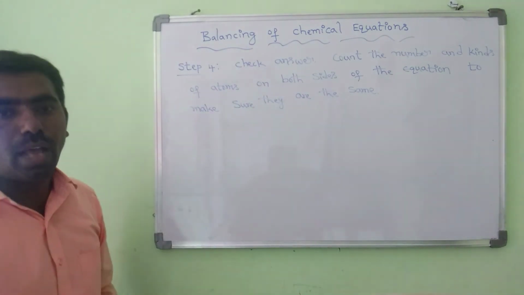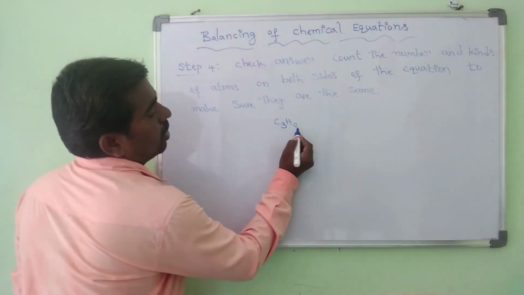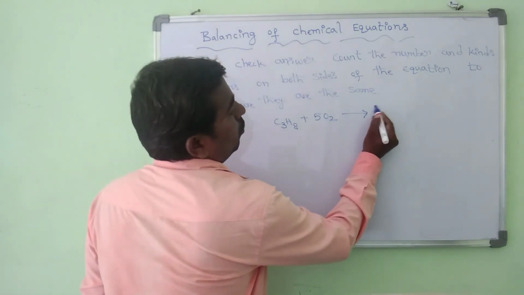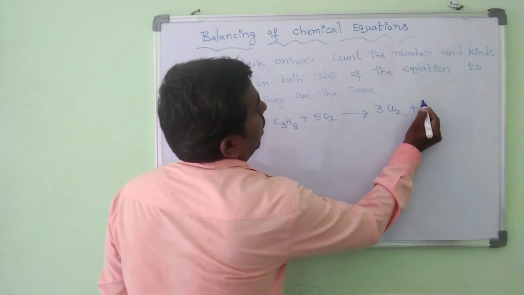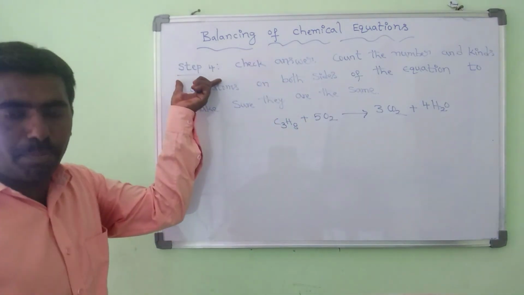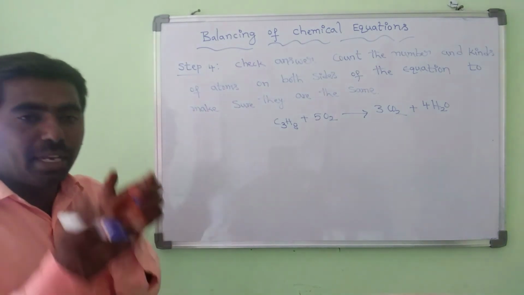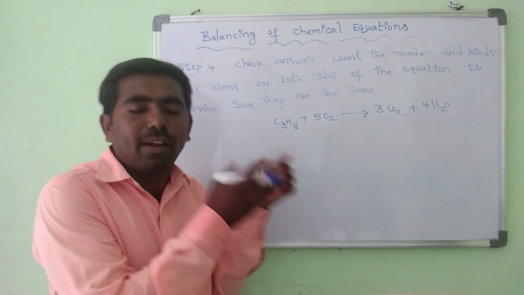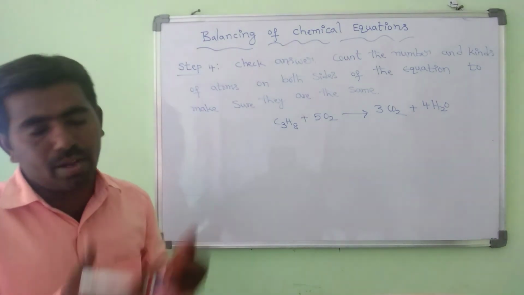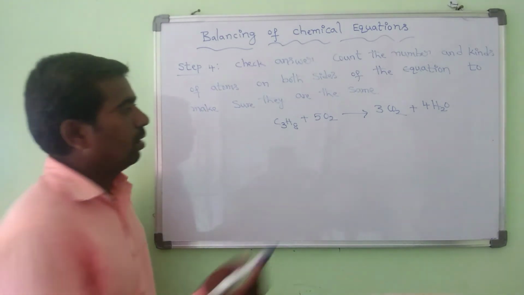For example, I am writing the final balanced equation as C3H8 plus 5O2 gives 3CO2 plus 4H2O. According to this step, we have to check the answer. That means how many atoms are there on the left side and how many atoms are there on the right side, whether they are balanced or not. Now I am checking that according to this step.